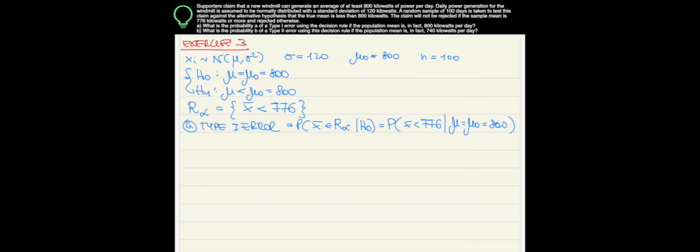Great. So how do we do this? Well, under H0, we know that, so we don't know the significance. Usually the type 1 error is set to alpha, and usually alpha is 0.05. However, we don't know the significance of this particular test. But we know the rejection region, and from that we can calculate the significance of the test.